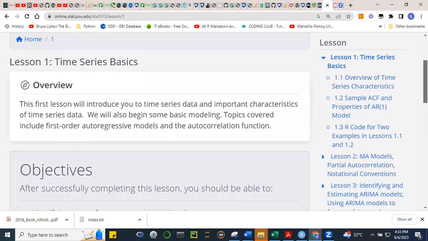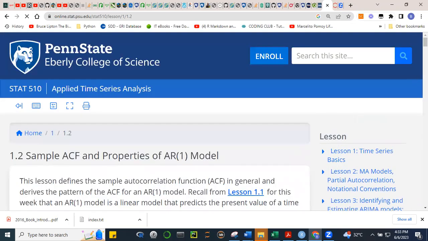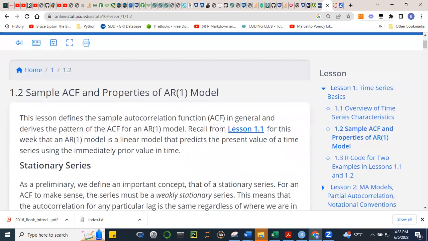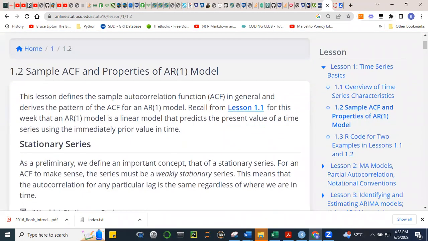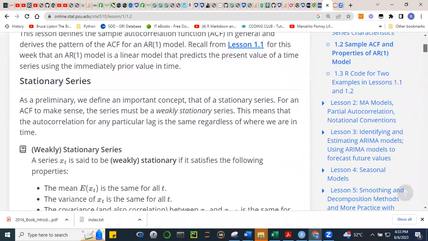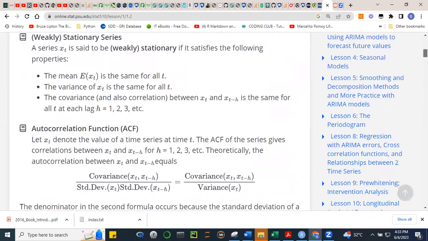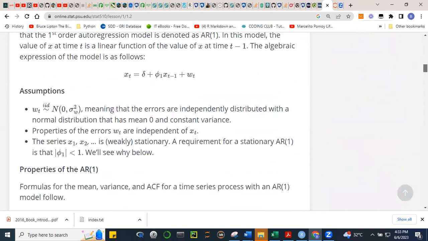And then we also have the sample autocorrelation function, which, if you're a student of time series, we have to know. We have to know what ACF is, or PACF, that's partial autocorrelation function. We have to know what a weakly stationary series is.